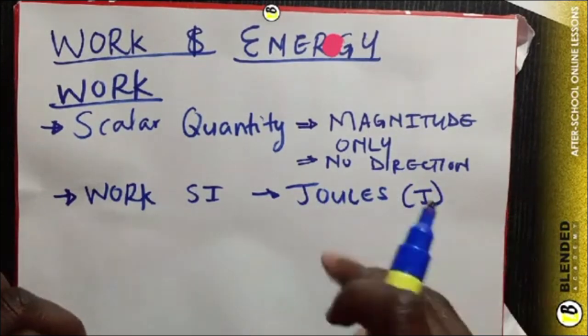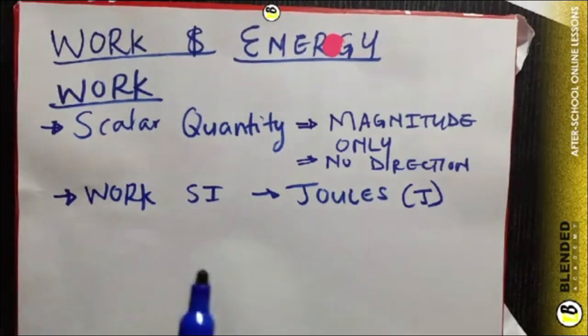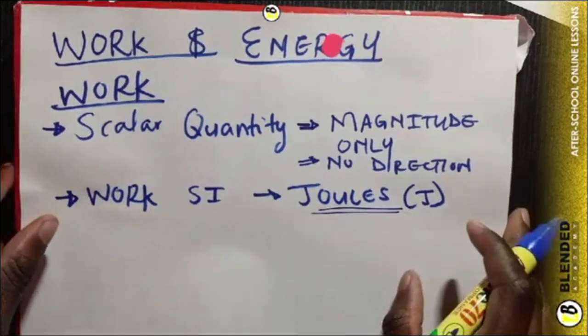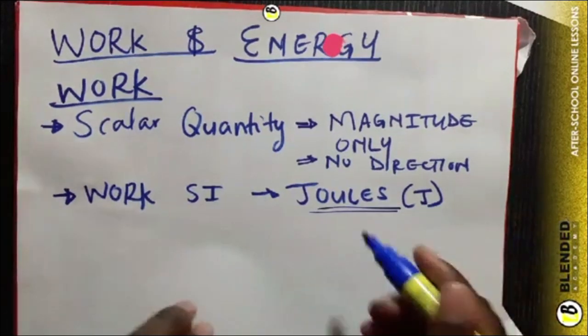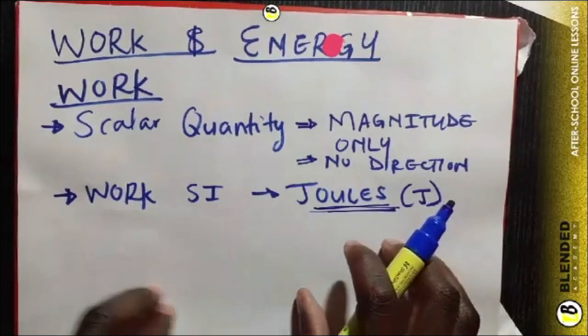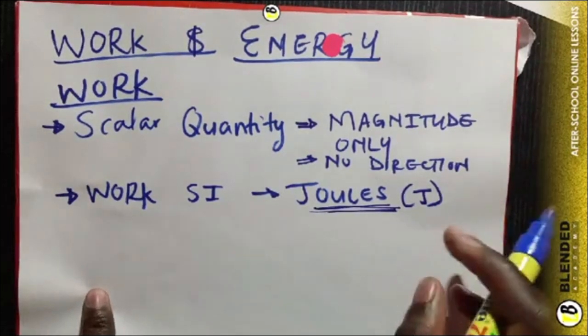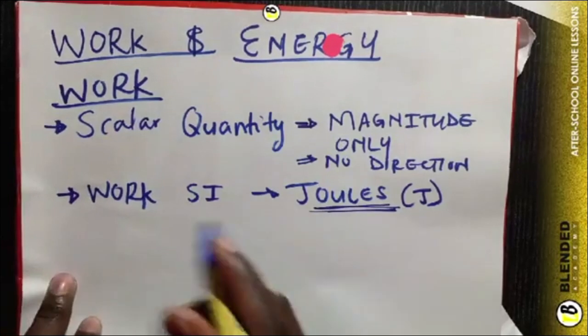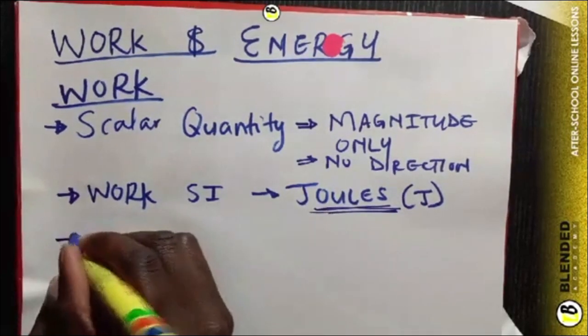So you need to be very careful when it comes to that. So whenever you write your final answers, please remember to put in your SI units. In this case, we're dealing with work, so we're going to have to put joules at the end of every final answer when we're reporting this quantity. You understand?